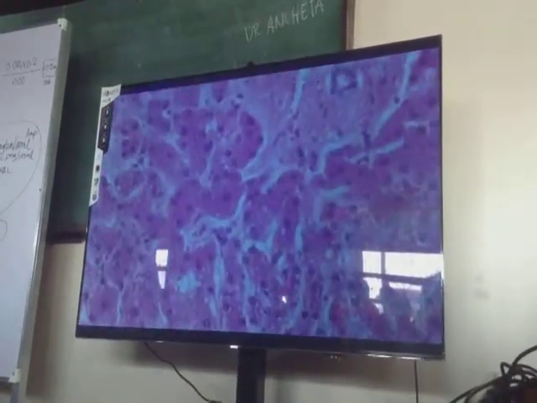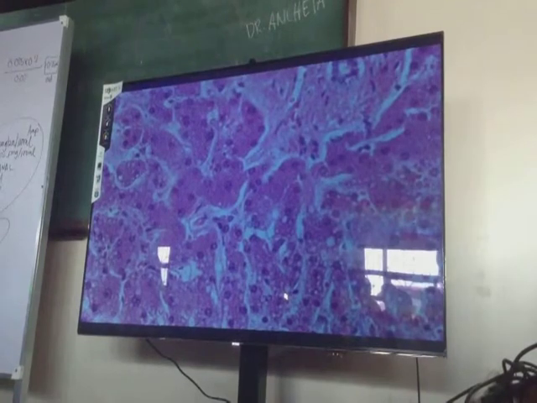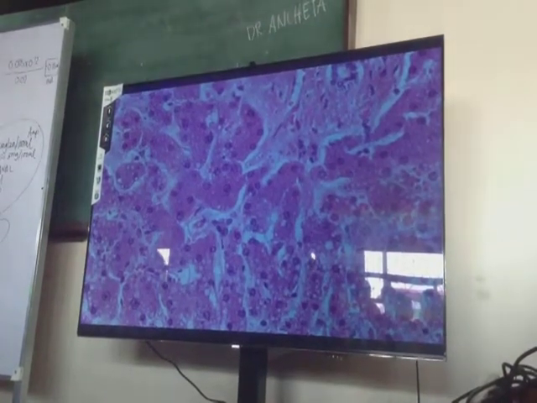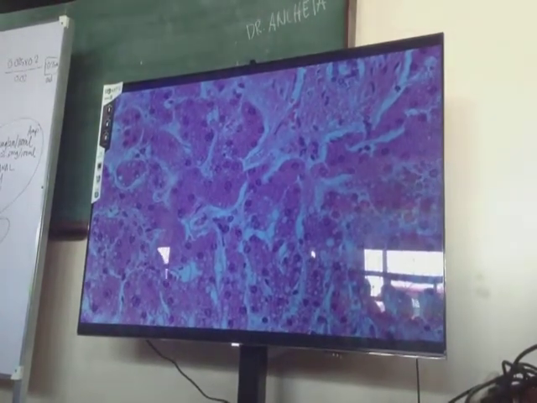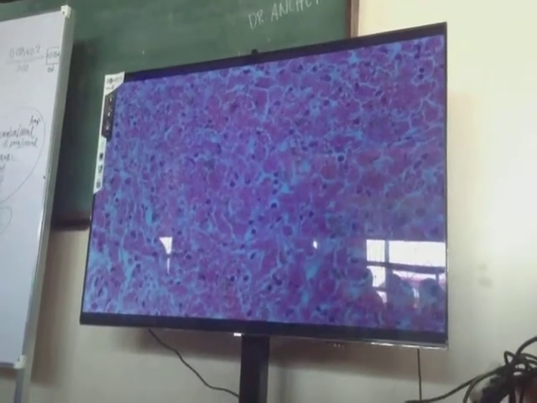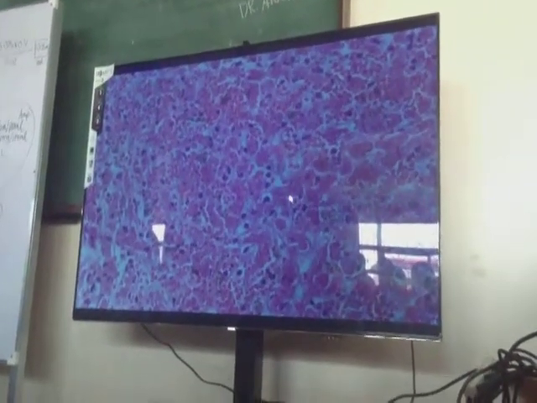Okay. Normal hepatocytes with mild steatosis. And then slowly going to the central area of that lobule, what happens to the hepatocytes pointed?